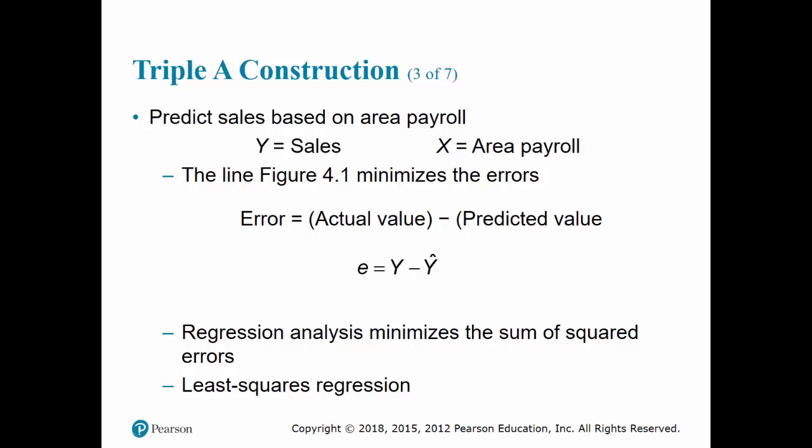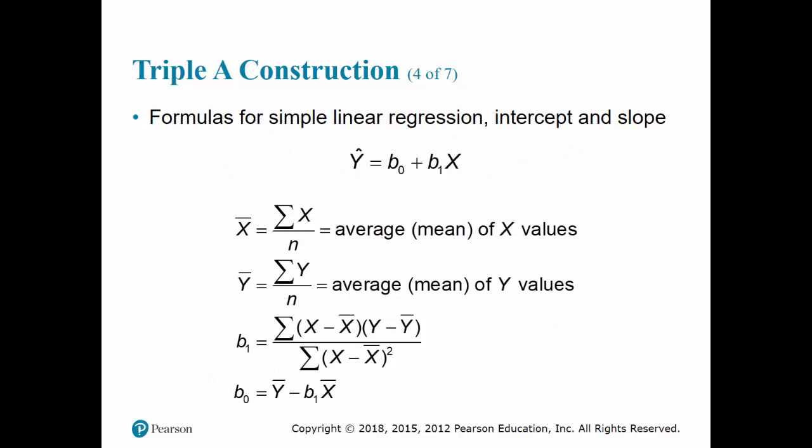And it turns out that when you use calculus and derive the formula, this is the formula you end up with. b sub 1 is given by the sum of (x minus x bar) times (y minus y bar) in the numerator, and in the denominator the sum of (x minus x bar) squared. That will give you the b sub 1 value, and b sub 0 is y bar minus b sub 1 times x bar.